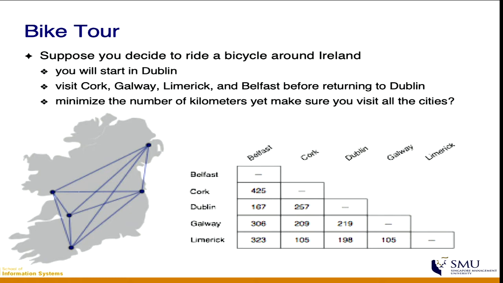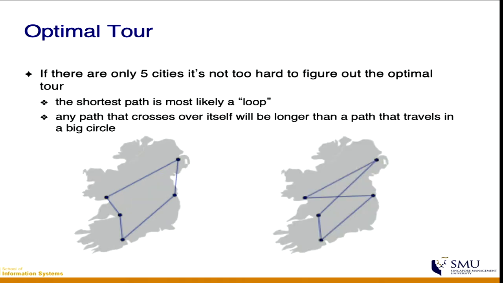Now, you want to visit all the cities, and you want to visit them exactly once, and at the end, you're going to return back to the original starting point. That is the problem. It's simply stated, but it's actually very difficult to solve because the minimization that we are trying to do is going to involve too many possibilities. If there are a small number of cities, you can still do it. Let's say if you are given a map of the cities, you probably can design a route that is reasonable, and your method of doing it probably is to look at the cities and try to find a nice route.